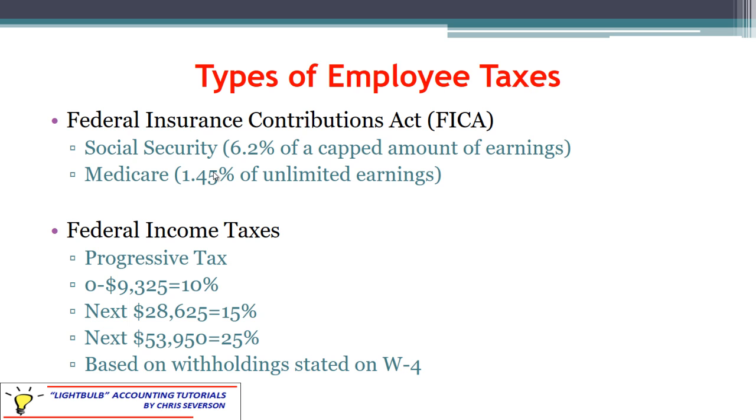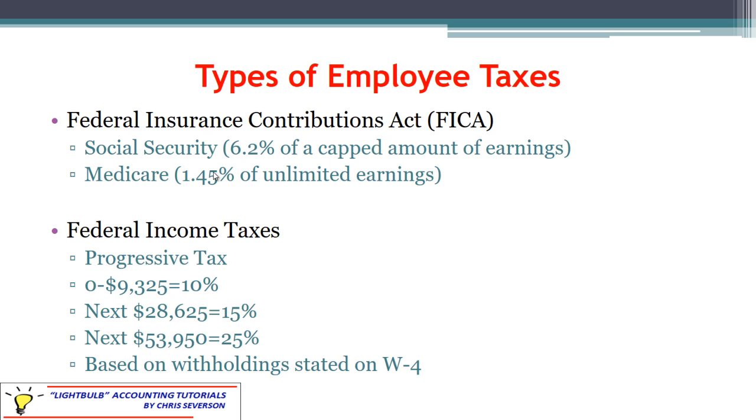Now, the amount that's actually withheld from a paycheck is determined based on the number of exemptions, the number of dependents, and your marital status as filed on the W-4 form to your employer. That gives them a way of estimating how much tax they think you will owe, so that hopefully by the end of the year, what you've paid in is close to what you will ultimately owe.